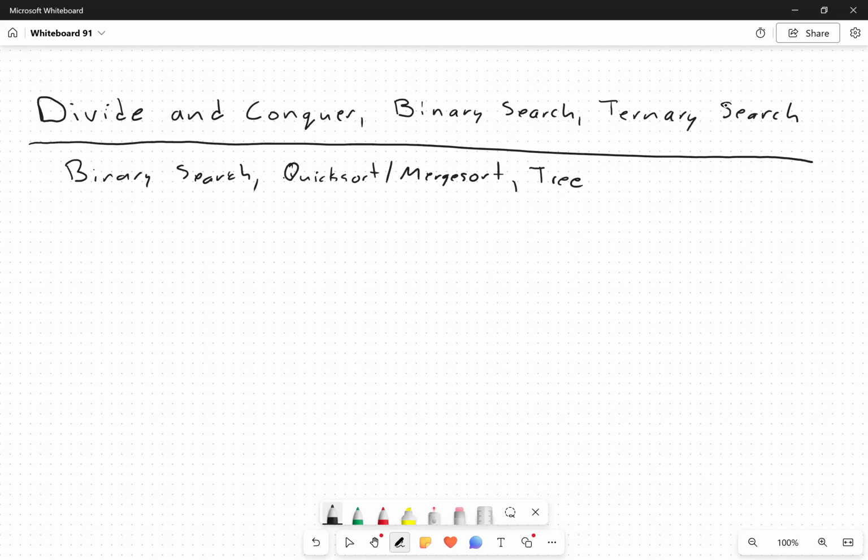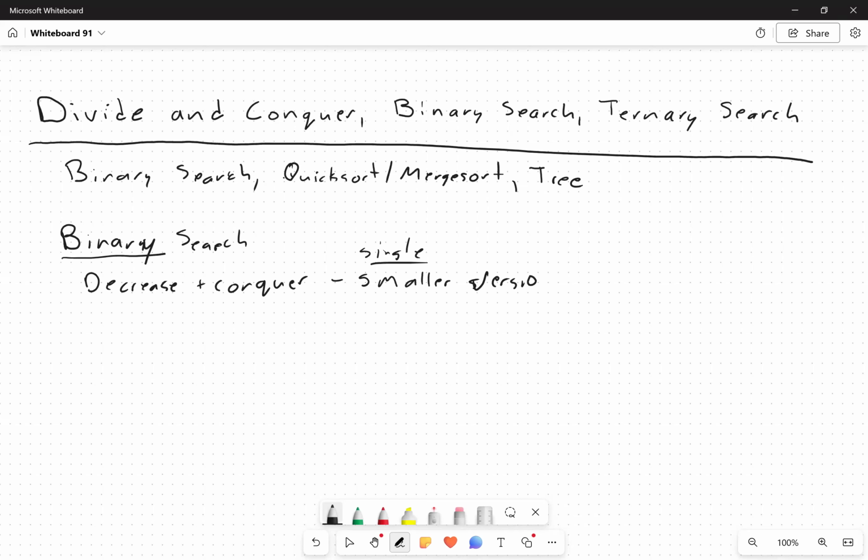And in particular, when we deal with binary search, it's not really divide and conquer, it's decrease and conquer, which is sometimes the term that's used. So binary searching is a decrease and conquer because what you're left with is just a single smaller version of the problem.